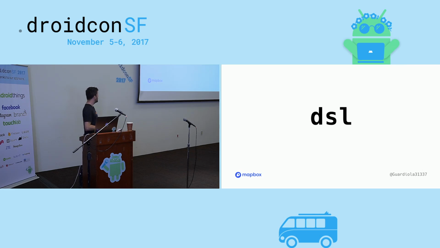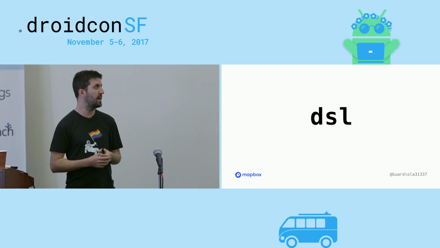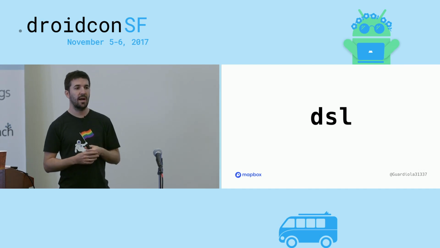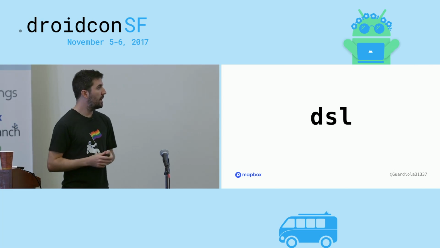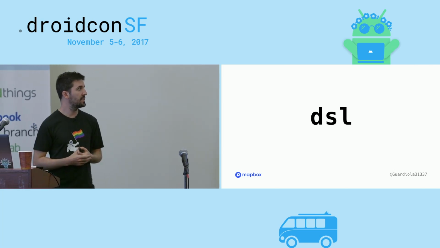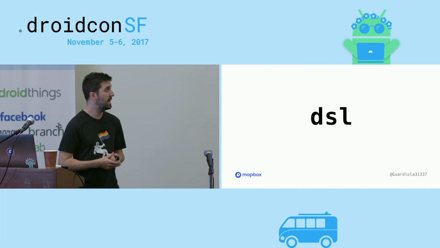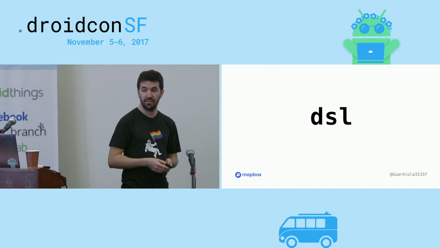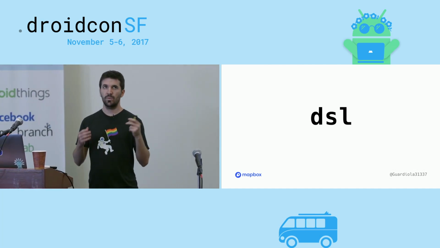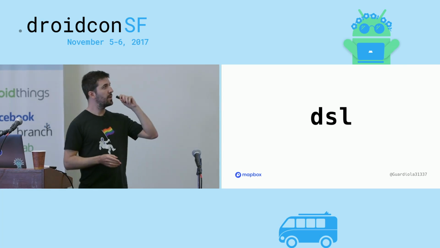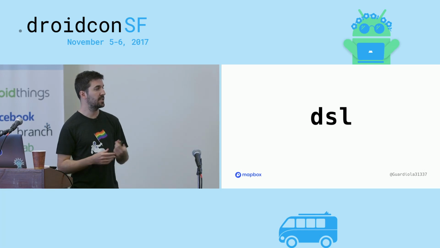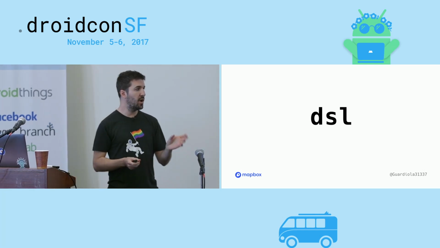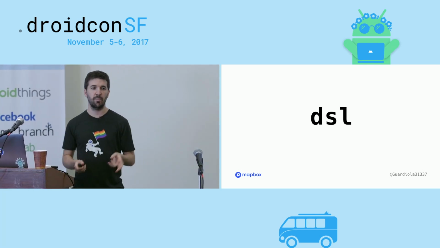So first of all, how many of you are familiar with what a DSL is or have implemented one before? Cool. Yeah. So as you may know, DSL stands for domain-specific language. And what we need to think about here is that we are creating a language. And we, as programmers, know that a language is composed of two parts.